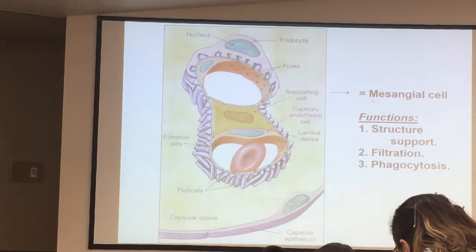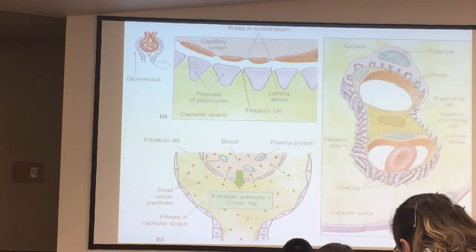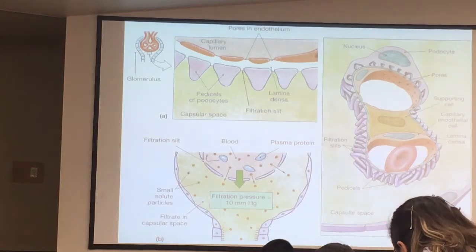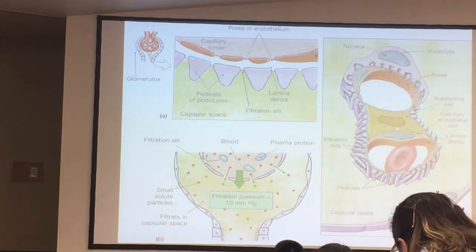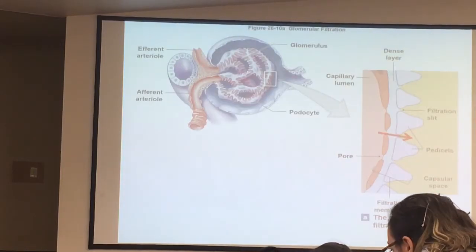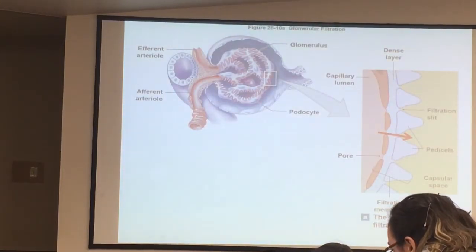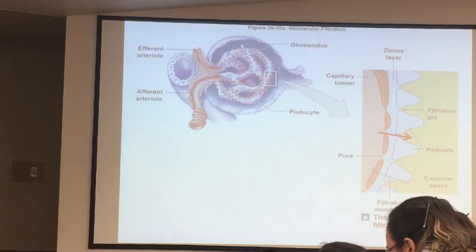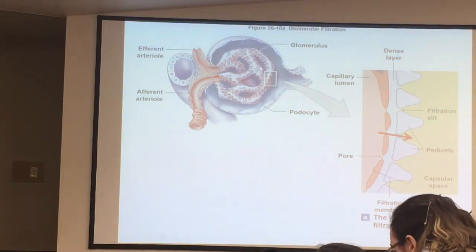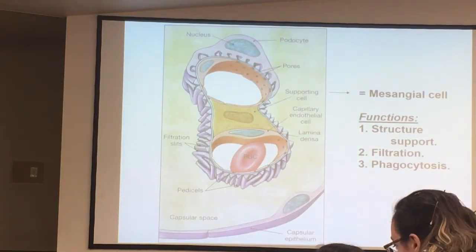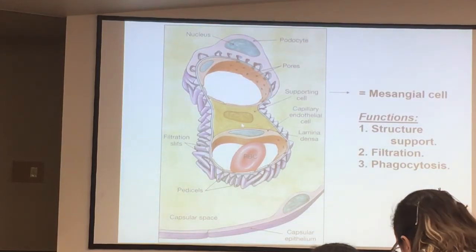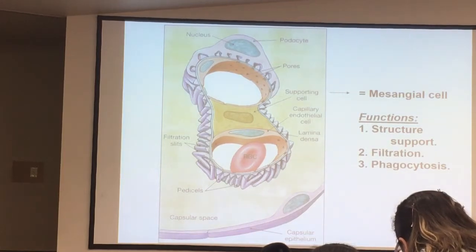That's the mesangial cell, and if you have the old version, they just call it the supporting cell. So from here we know we have the podocyte, the blood capillary, and now we have to add the other cell, the mesangial cell, a small amount of cells outside the blood capillary.